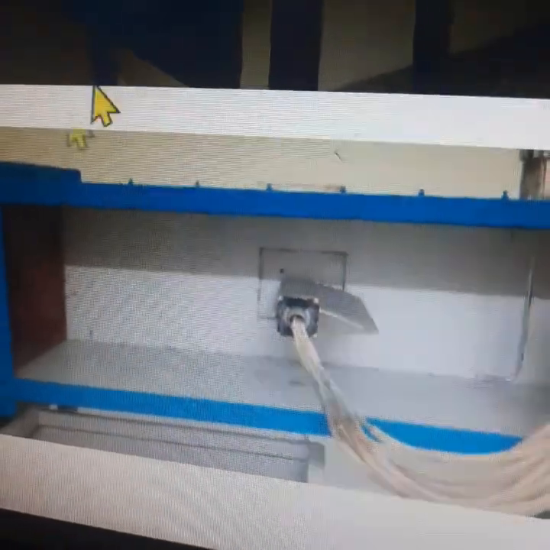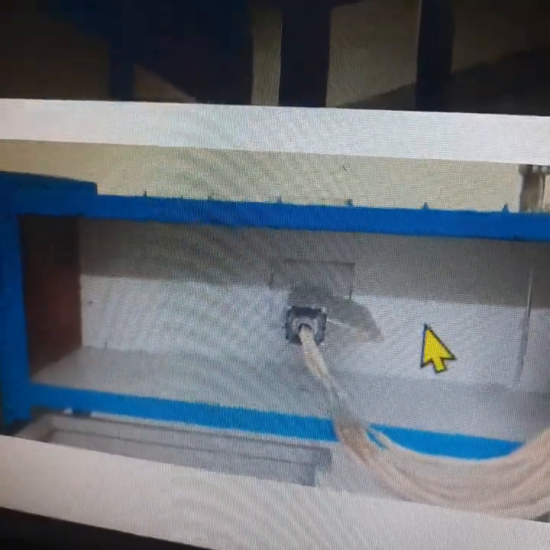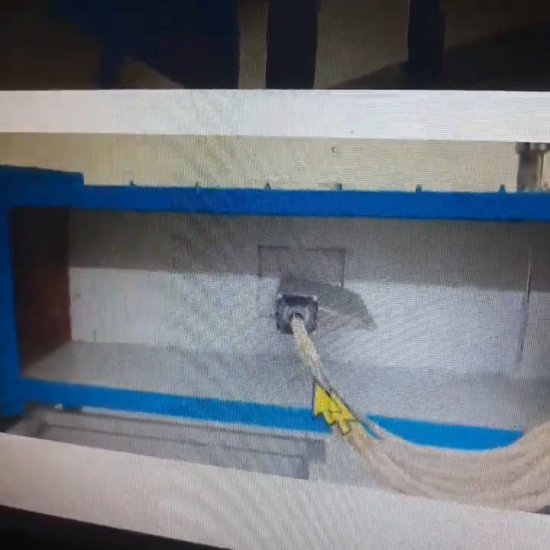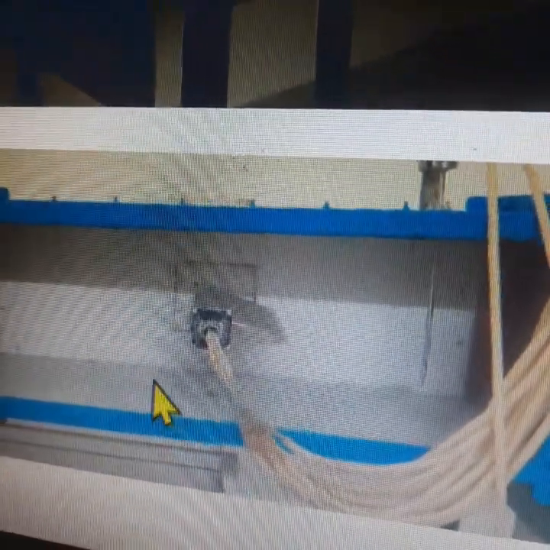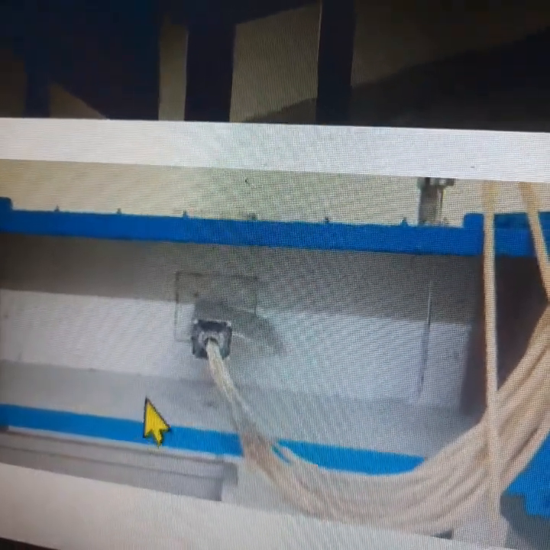In this test section, we have to find the velocity of the air as well as the free stream pressure of the air. For recording the free stream pressure, a pressure tapping point is fitted on the outer wall of the test section, and a hose is connected and taken to this manometer.